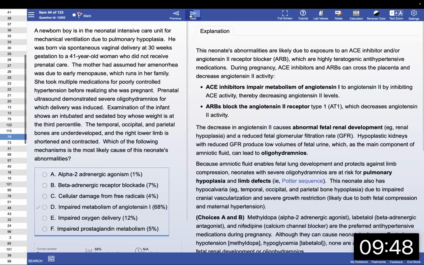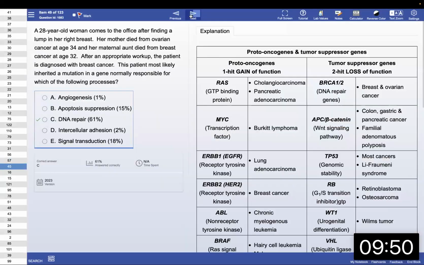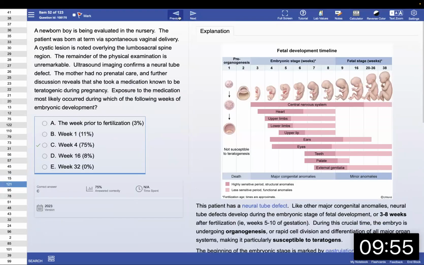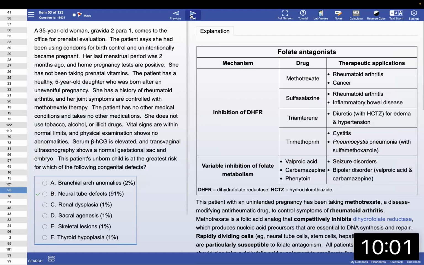Yeah, I think that's the only question. Week 4, teratogenicity. Okay, yeah. Neural tube defect.